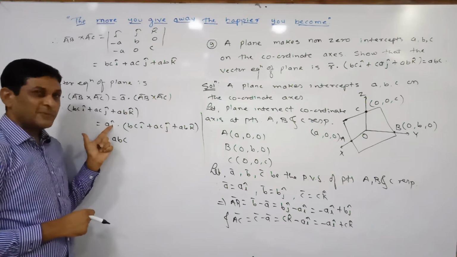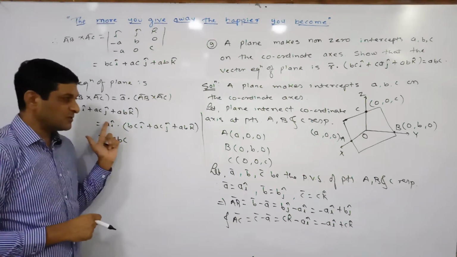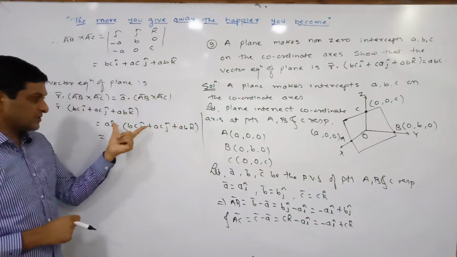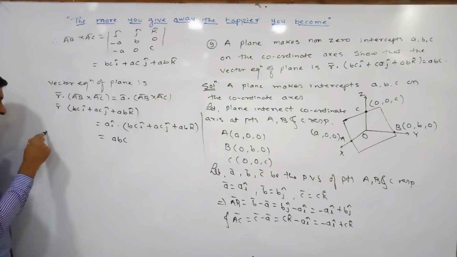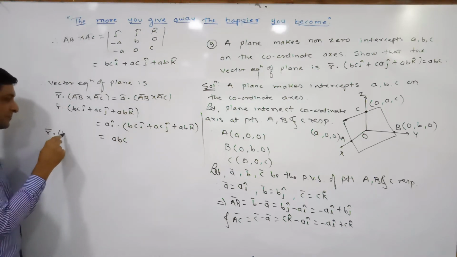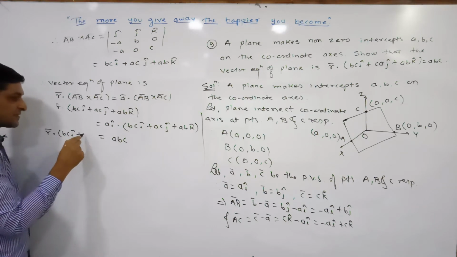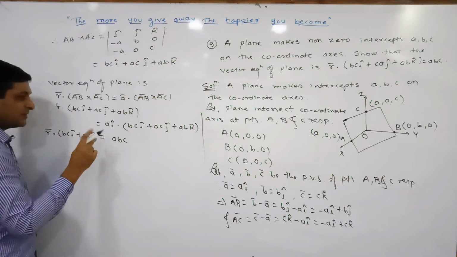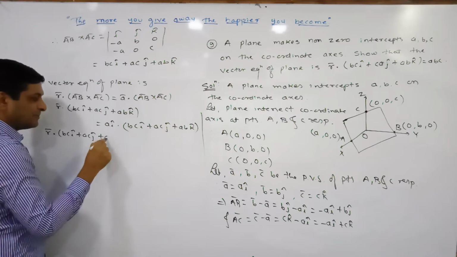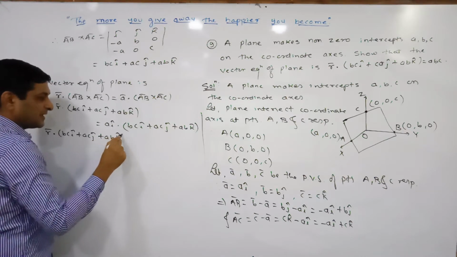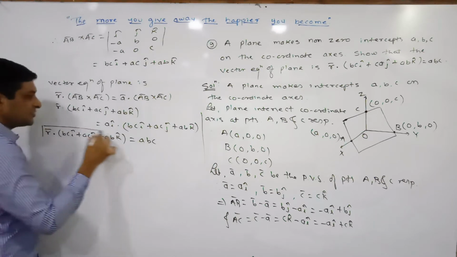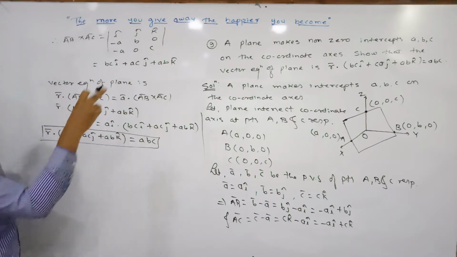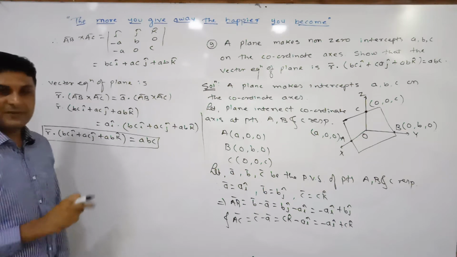Here the term of k cap is also absent, means its coefficient is 0. 0 into AB is 0. So the dot product of these two vectors will be ABC. Keep this side as it is. R bar dot BC i cap plus AC j cap plus AB k cap is equal to ABC on this side, and in this way we have got our required vector equation of the plane.